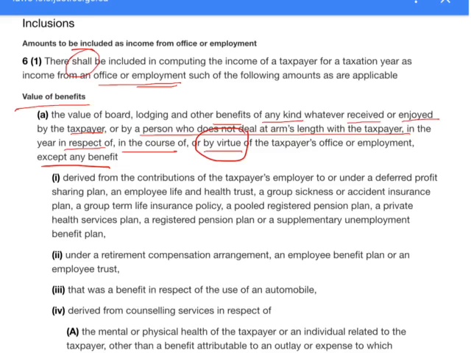Now, the prize came from Sony, not from Best Buy. But because the employee was able to win that prize because they worked for Best Buy, then it gets included in their income from employment from Best Buy. Oh, the Income Tax Act is going to get their pound of flesh.